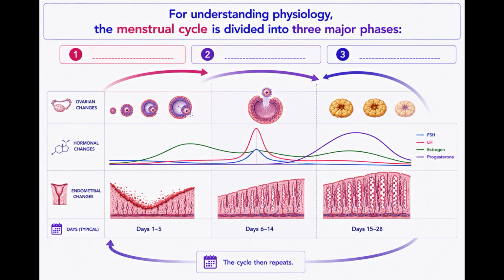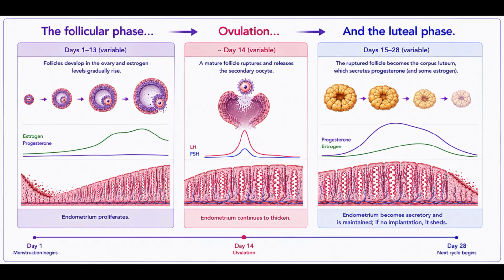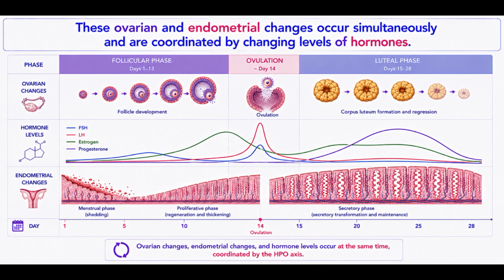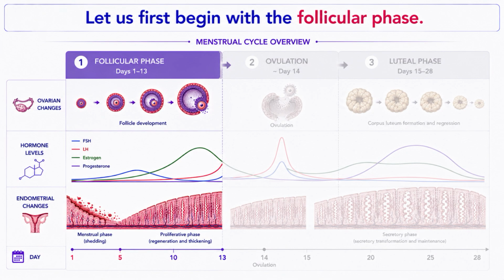For understanding physiology, the menstrual cycle is divided into three major phases: the follicular phase, ovulation, and the luteal phase. At the same time, the endometrium also undergoes cyclic changes known as the menstrual phase, proliferative phase, and secretory phase. These ovarian and endometrial changes occur simultaneously and are coordinated by changing levels of hormones. Let us first begin with the follicular phase.